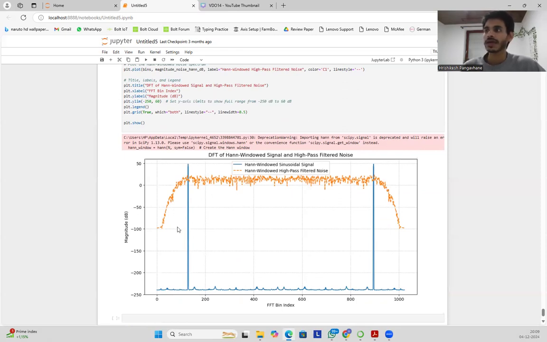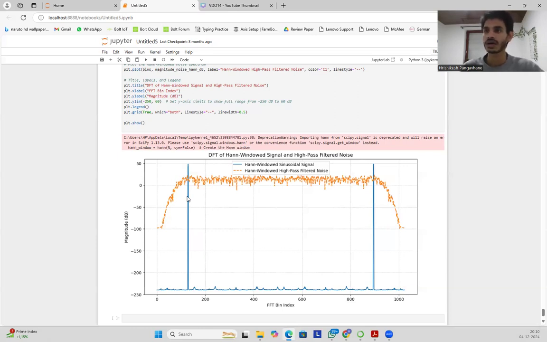And why exactly did we use the Hann window? We could have also used the Blackman-Harris window, or there are multiple other options available for windowing the signal. But we used the Hann window because as we go for higher and higher precision, the lobe of the window itself increases.